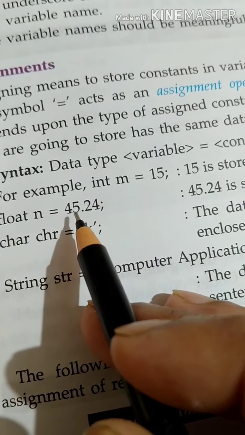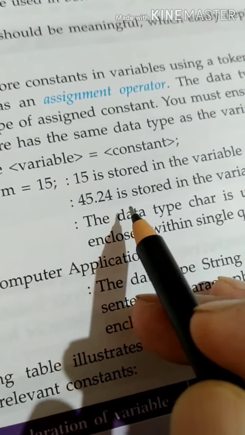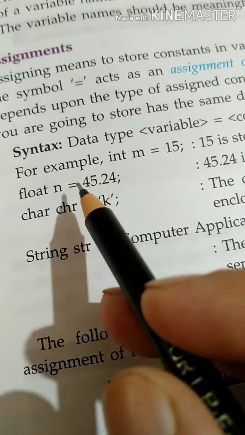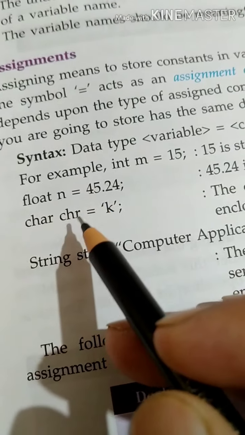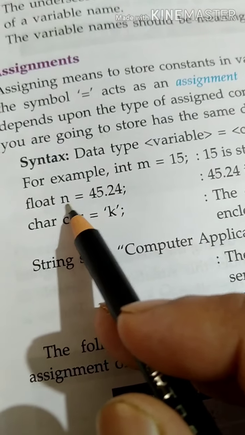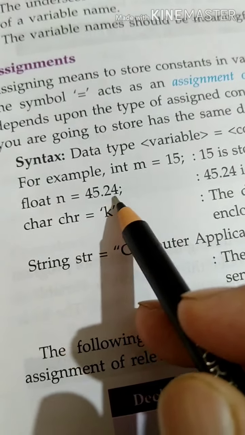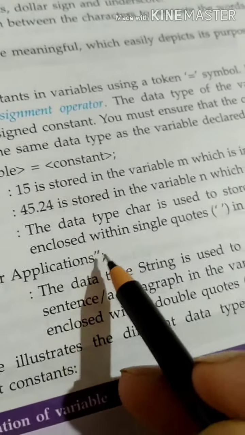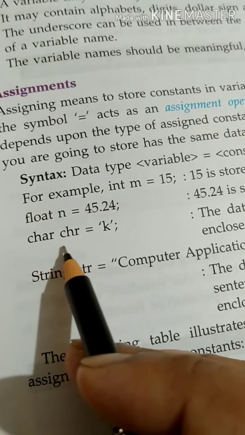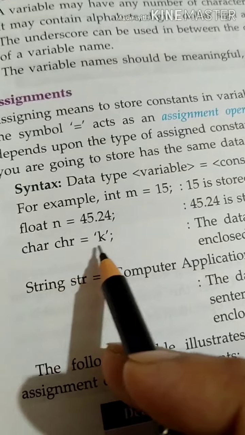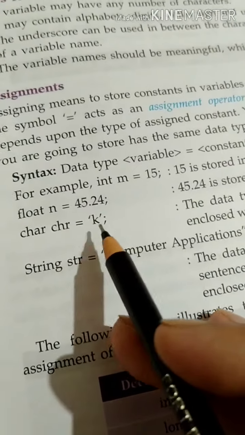float n equal to 45.2524 is stored in the variable n, which is float type. The data type is float, the variable is n, and the constant is 45.2524. char equal to k: char is the character data type, chr is a variable, and k is a character constant.